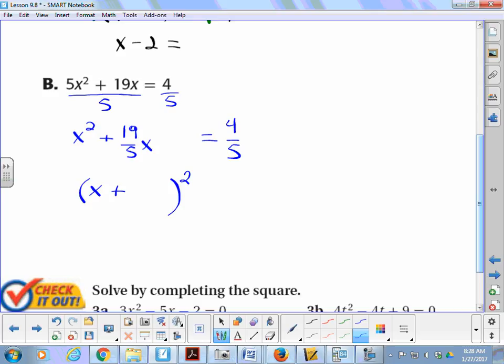So when you're going to cut a fraction in half, all you're doing is doubling the denominator. So this is going to be plus 19 over 10. So I'm going to add the square to both sides. What's 19 squared? 361. Okay, so we're going to add 361 over 100 to both sides.